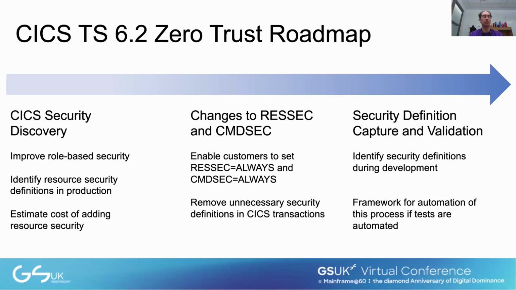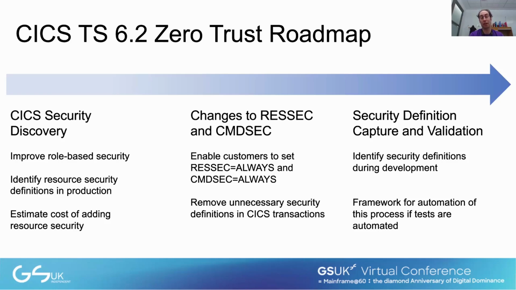Many of you will be fully on board with the idea that your resources should be adequately secured, but ultimately that's going to come at a cost. If you just run with transaction security on now, and you switch to suddenly having all the resource security checks active, that's potentially a very large number of additional calls to the ESM to validate that an individual user has access.